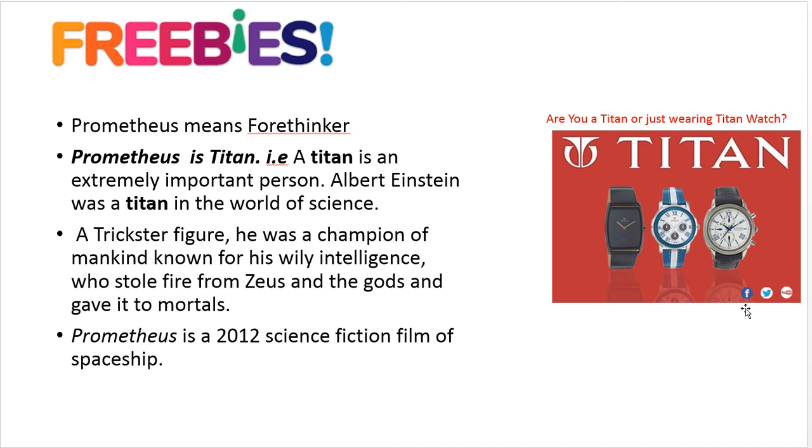He stole the fire and gave it to the public. Zeus is a dominant king, a kind of god. He was ruling, and this trickster figure stole the fire. He was owning the fire, and Prometheus took it out and gave it to the public.